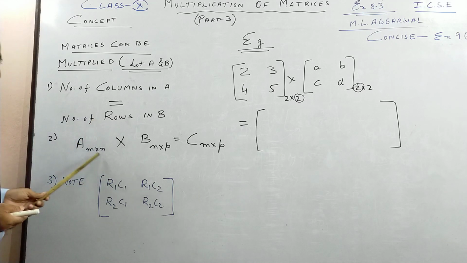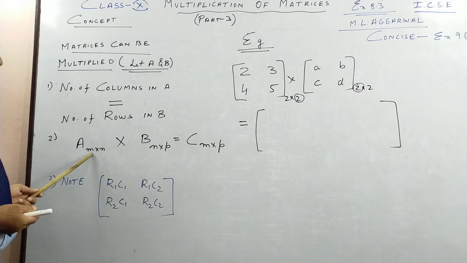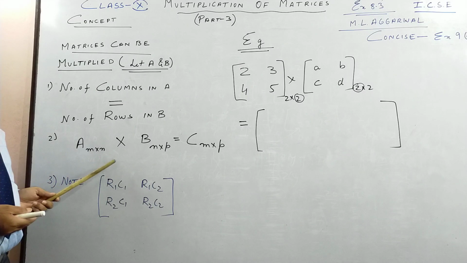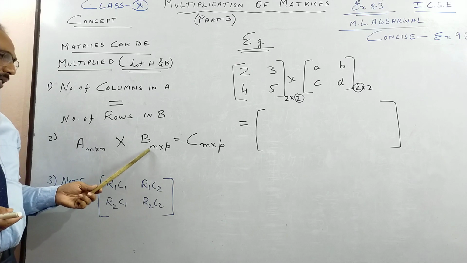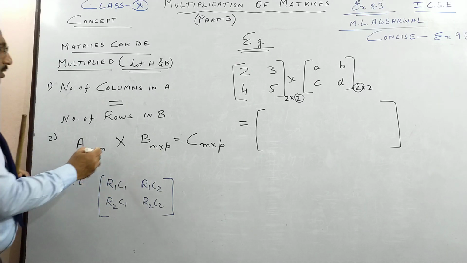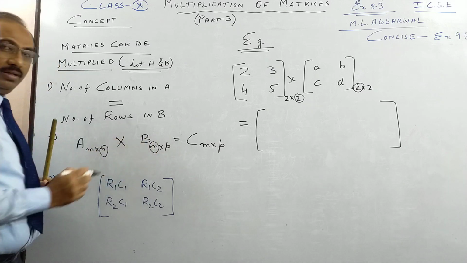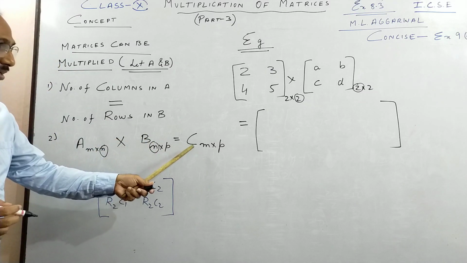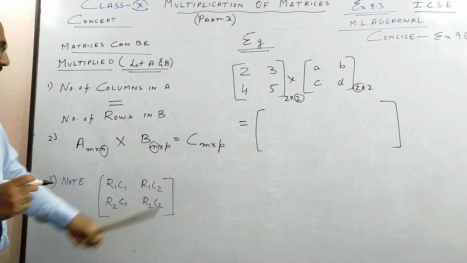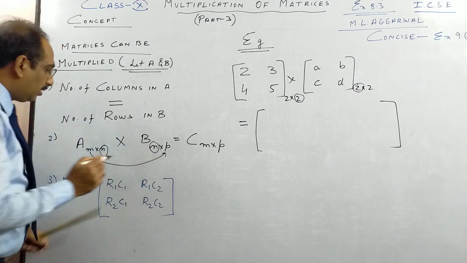Another example I am giving you, you can note it down in your copy. Suppose the first matrix has m rows and n columns, and the second matrix has n rows and p columns. So the two n's are equal. The resultant matrix, C, will have the order of the other two.